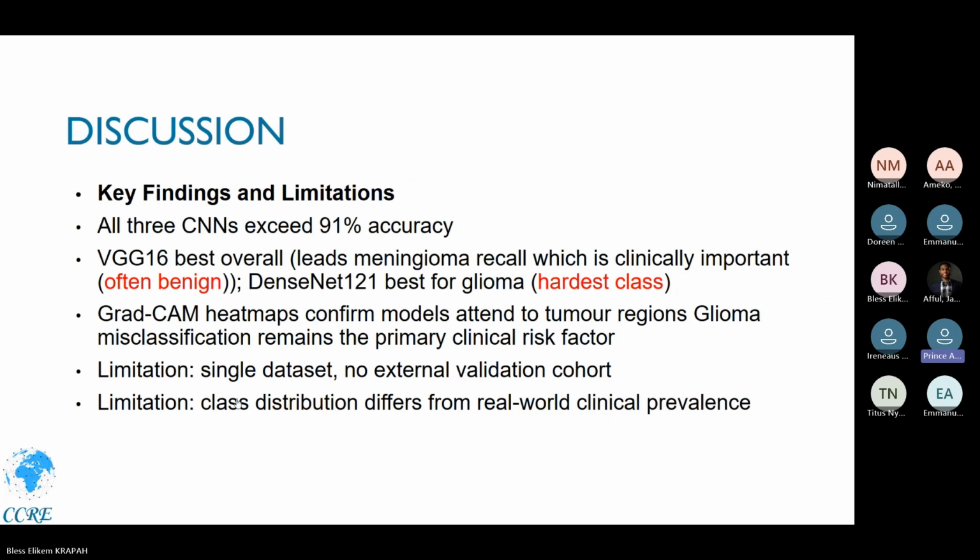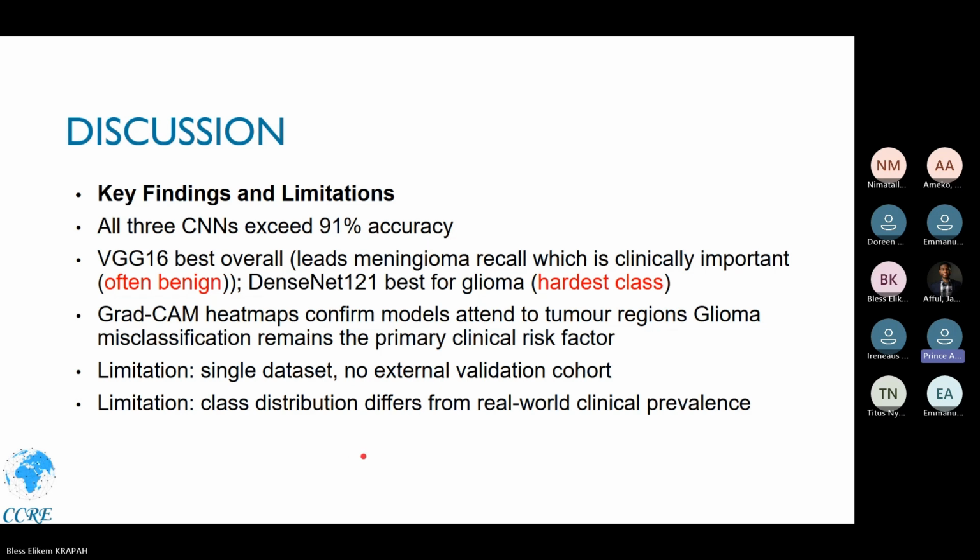So from this, we see that all our three models exceed 91% in accuracy. VGG16 was our best model, which has very good meningioma recall, which is very important because meningioma is often benign, right? And being able to detect this situation and prevent it from further expanding in the person is the difference between life and death.